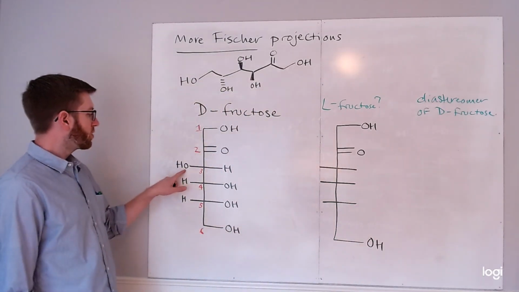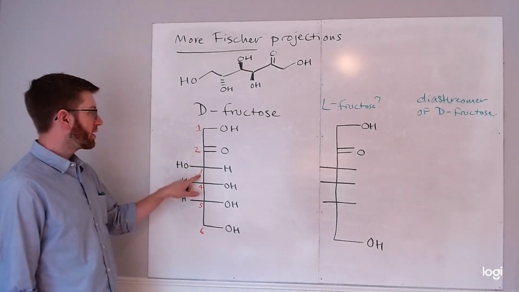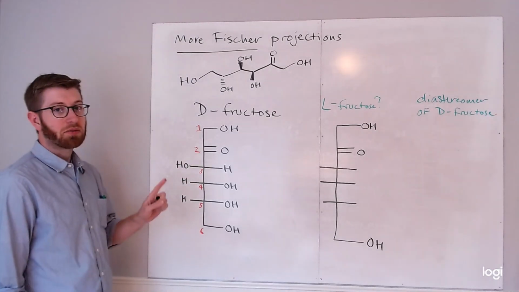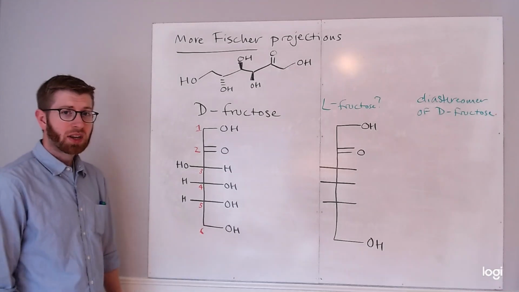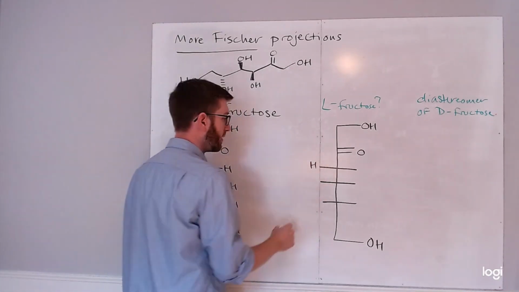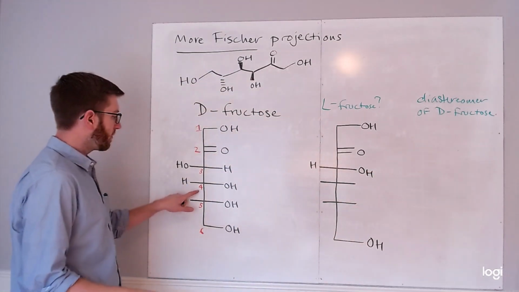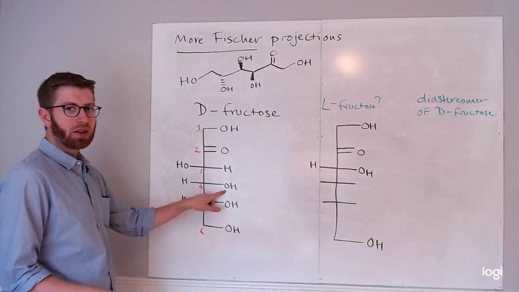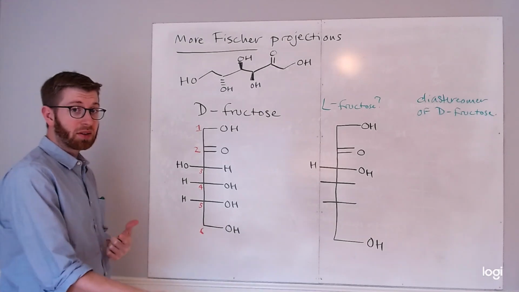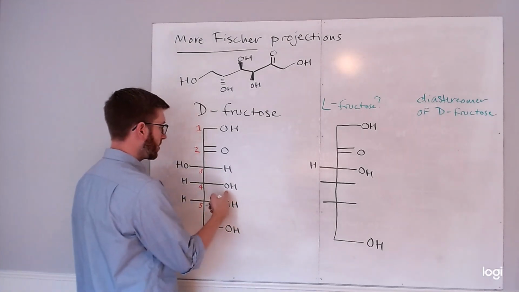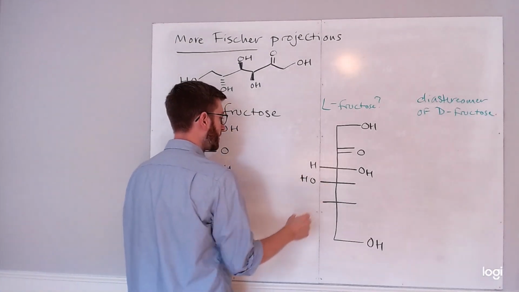But if my OH group is on the left, that's C3 of D-fructose, then it needs to be on the right. So I need to change the stereochemical configuration at the C3 position in L-fructose. Again, if C4 has an OH group on the right, then I need to show the opposite configuration. That means my OH group would be on the left on C4.